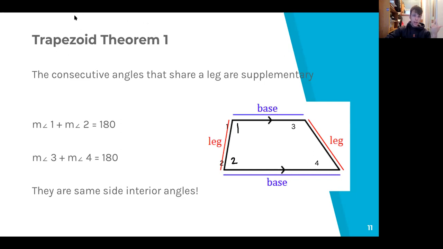If I kind of draw that out, parallel lines, our legs are transversals, so 1 and 2 are same side interior, they're supplementary. 3 and 4 are same side interior, they're supplementary. It's maybe not a theorem, but it is something that applies specifically to all trapezoids, so it is worthwhile to know about.